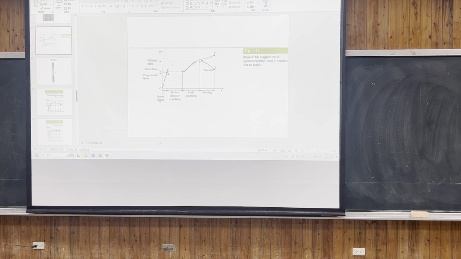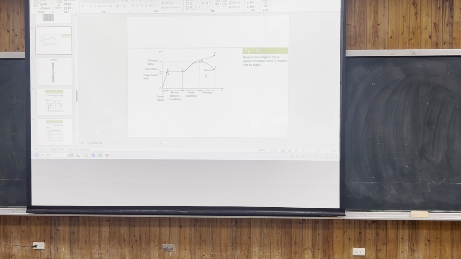I believe Professor Wu has talked about this curve. I've talked about the true strain. This part is where the true strain stands for. This part is the stress versus engineering strain.